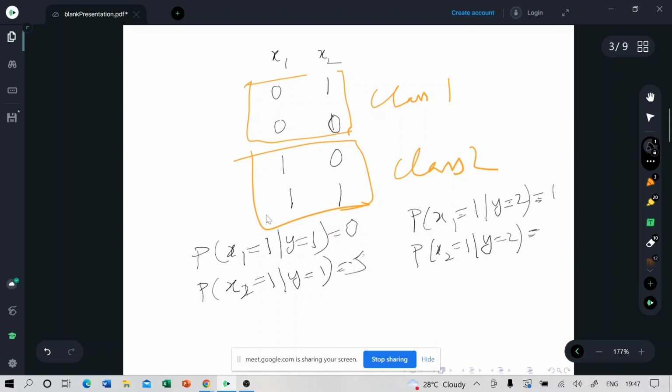The probability you will be calculating will be of the order of 10 to the power minus (d plus 1), right? Do you agree?